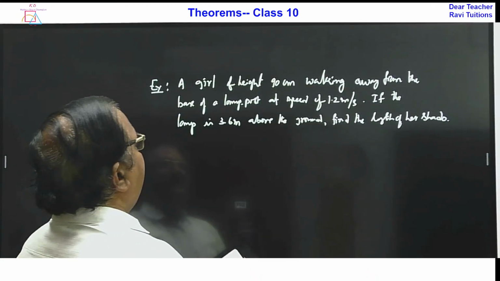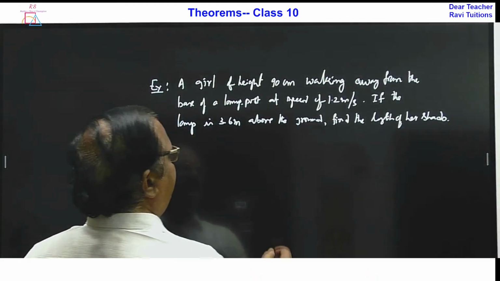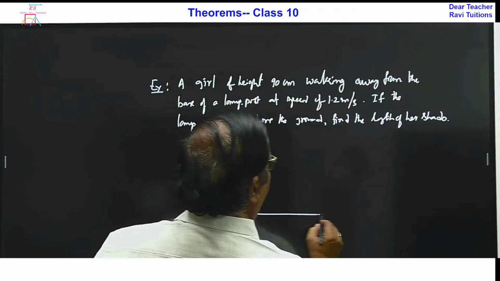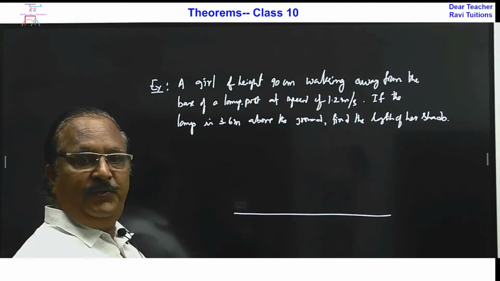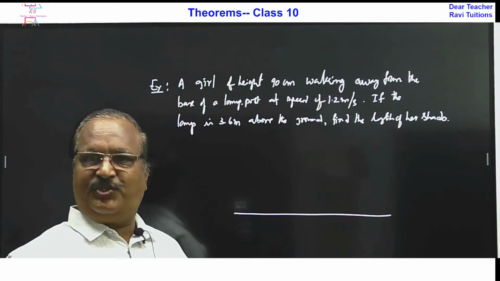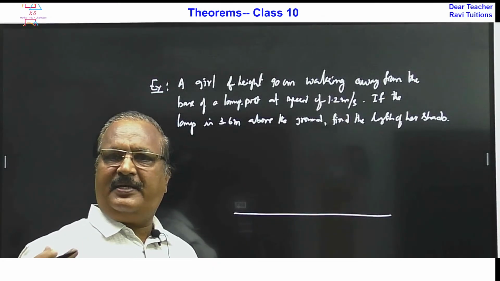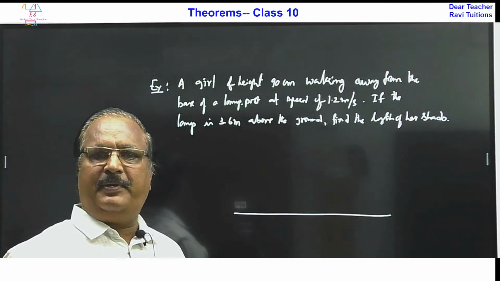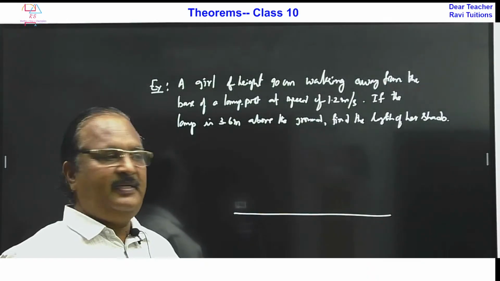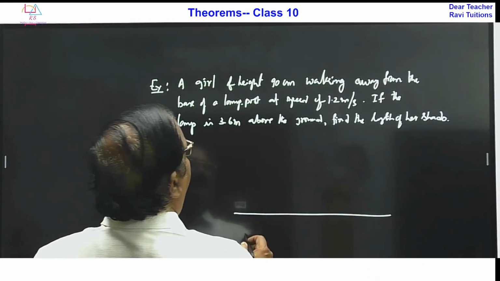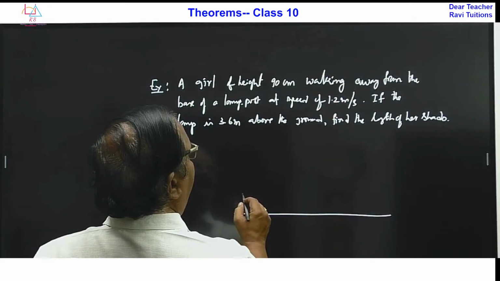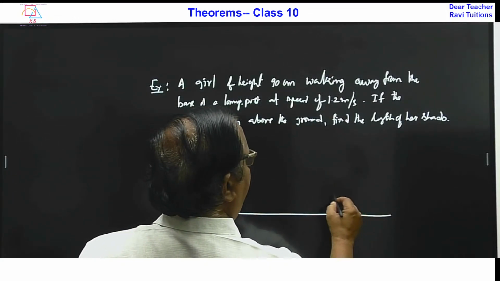Okay, so a girl of height 90 centimeters. Let us draw the ground. You have to picturize this story. It is like a trigonometric heights and distances, applications problem. So a girl of height is here.